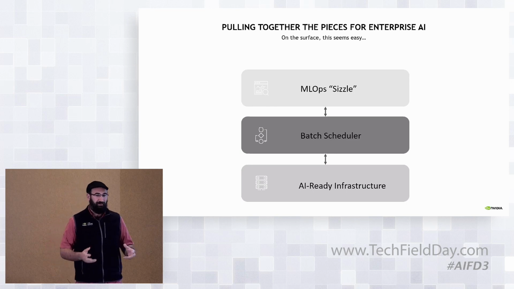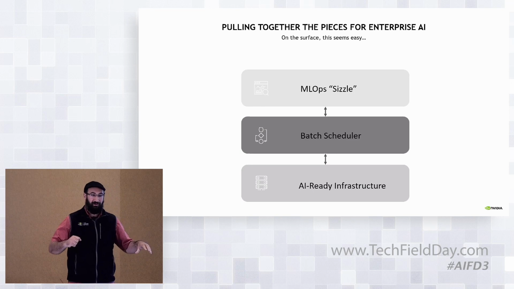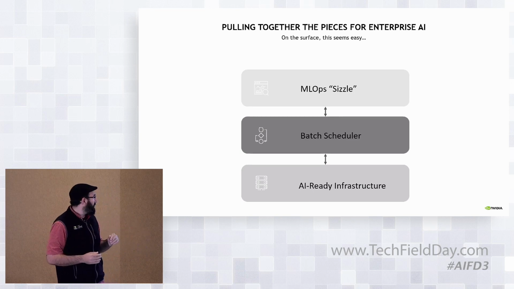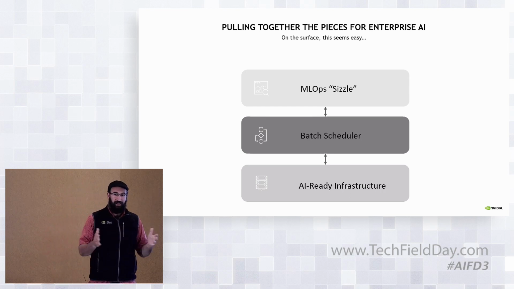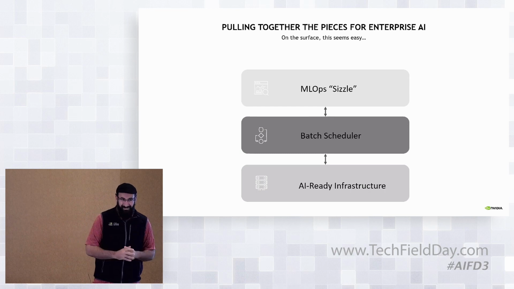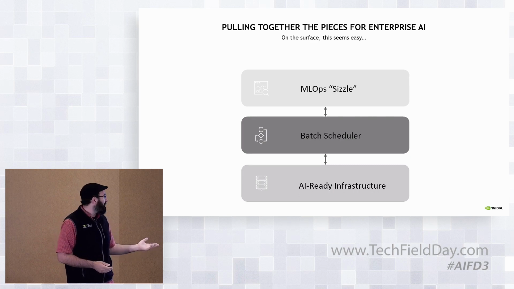But where I've seen a lot of people have trouble is when you're actually trying to build something that's not a POC, and you want an enterprise-ready AI stack. And so you would think, I'll just get the MLOps layer, I'll have my storage solution, I get something that will hook them together, and I'm good to go. But it's never that easy, and when you jump into it thinking it will be that easy, you run into problems.